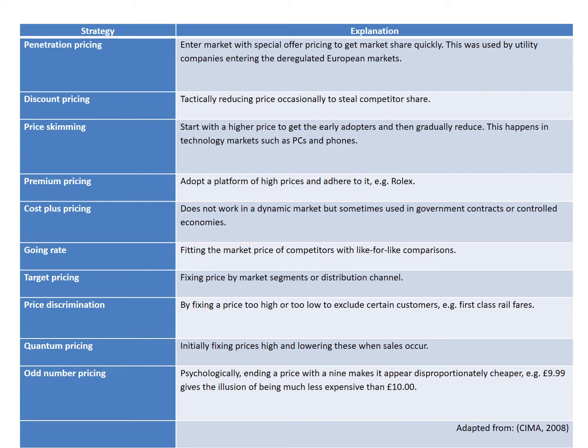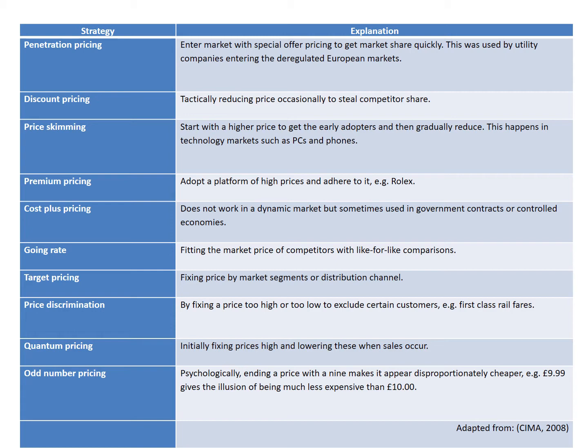This was used generally by utility companies like telecommunication service providers entering into a deregulated European market. So you will price the product, providing some promotional offers, in order to grab the market more quickly.